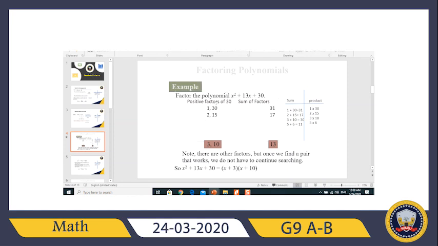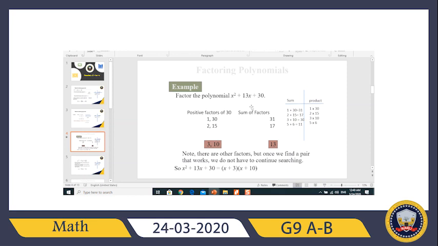Okay, here, factor the polynomial x squared plus 13x plus 30. Can I take any common factor here? It's obvious that these three terms don't have a common factor, so I will go for our new method, which is factorizing trinomials.